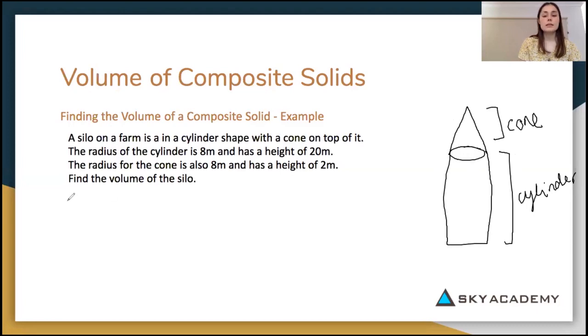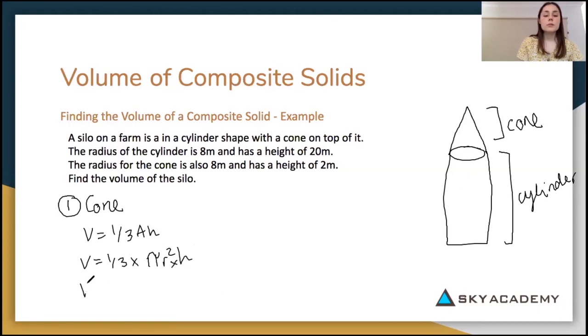We're going to find the volume of the cone first. We know the volume of a cone to be 1/3 AH. Remember, our A is the area of a circle, which is here. The area of a circle is pi r squared, times the h, the height of the cone.